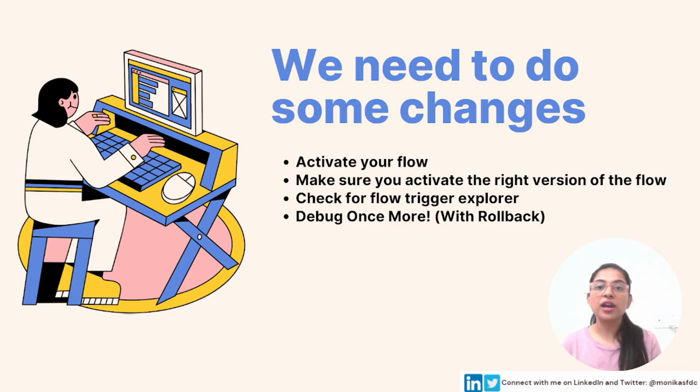But when we deploy our changes through change set, it deploys your flow with all the versions. So if my flow has 10 versions, it will deploy the flow with the 10 versions. Now you have to make sure that you are activating the correct or the latest version of the flow to work properly, right? So that's the second point that you have to keep in mind and check.